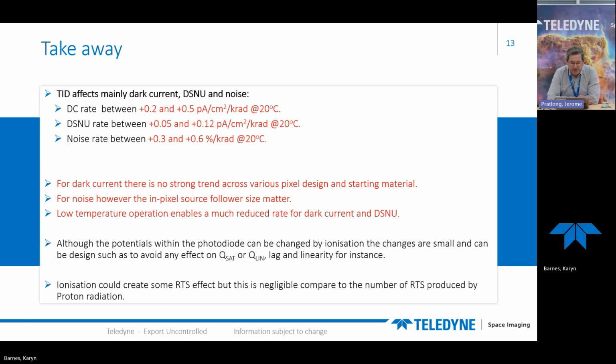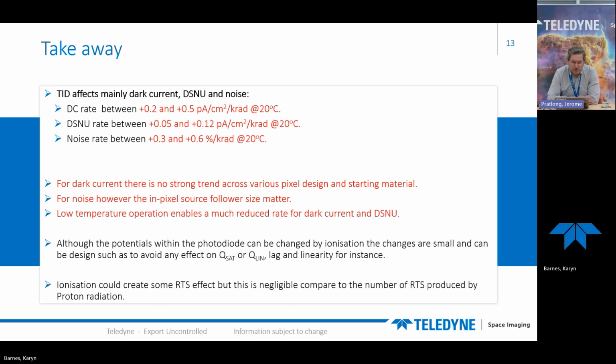As takeaway, the TID affects mainly dark current, DSNU, and noise. Dark current rates we observed are between 0.2 and 0.5 picoamp per centimeter square per kilorad. DSNU between 0.05 and 0.12 picoamp per centimeter square per kilorad.